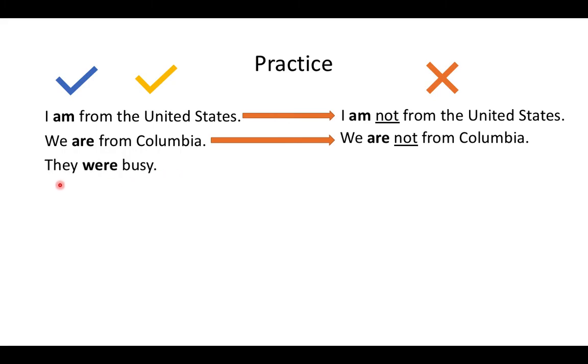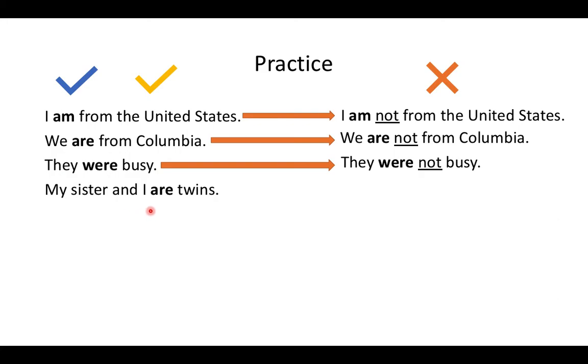All right, another sentence. They were busy. So they were is past. They were busy. And if we want to put not to say they were not busy, we just add it right after they were, right here. So it turns into, they were not busy.